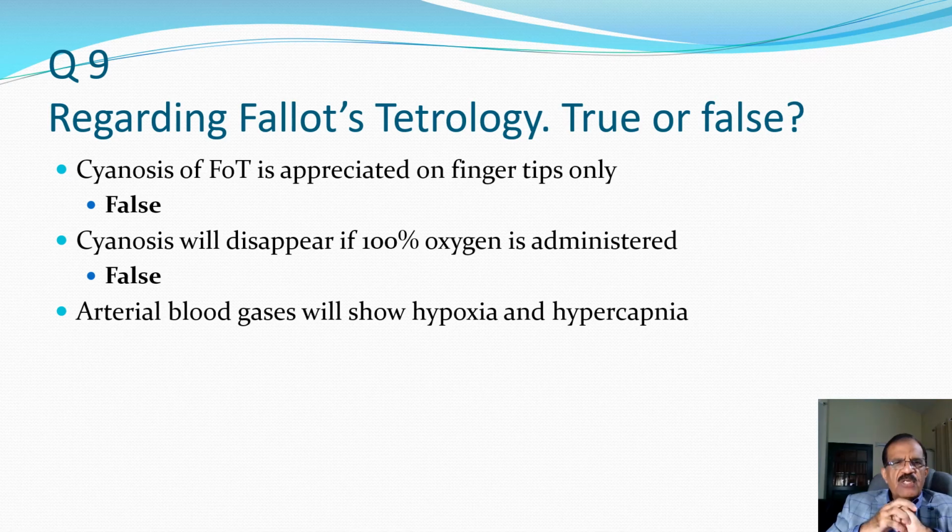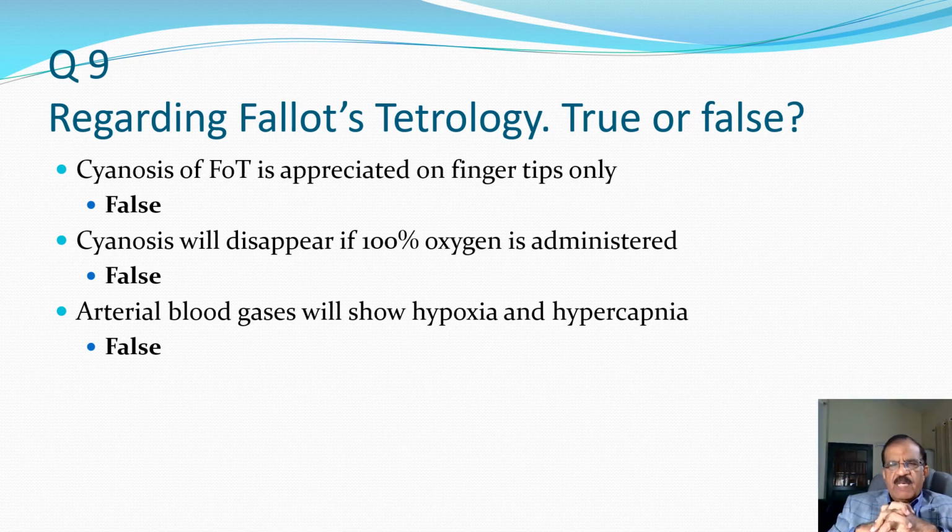Third statement, arterial blood gases will show hypoxia and hypercapnia. Again, we're talking about Fallot's tetralogy. Will there be just hypoxia or will there be hypoxia as well as hypercapnia? Hypercapnia is increased carbon dioxide and hypoxia of course means reduced oxygen. I think in uncomplicated Fallot's tetralogy, there will be only hypoxia.